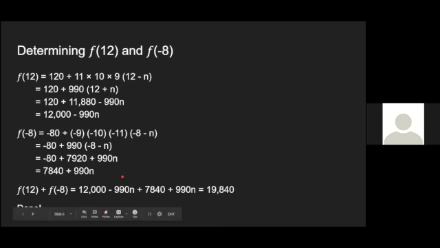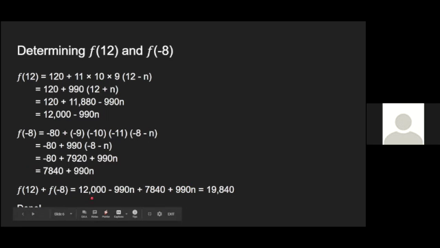So now we evaluate the equation. We just plug in the numbers. We take the f(12) numbers and the f(-8) numbers and just add them up. Since there's a negative 990n here and a positive 990n here, these two cancel out.